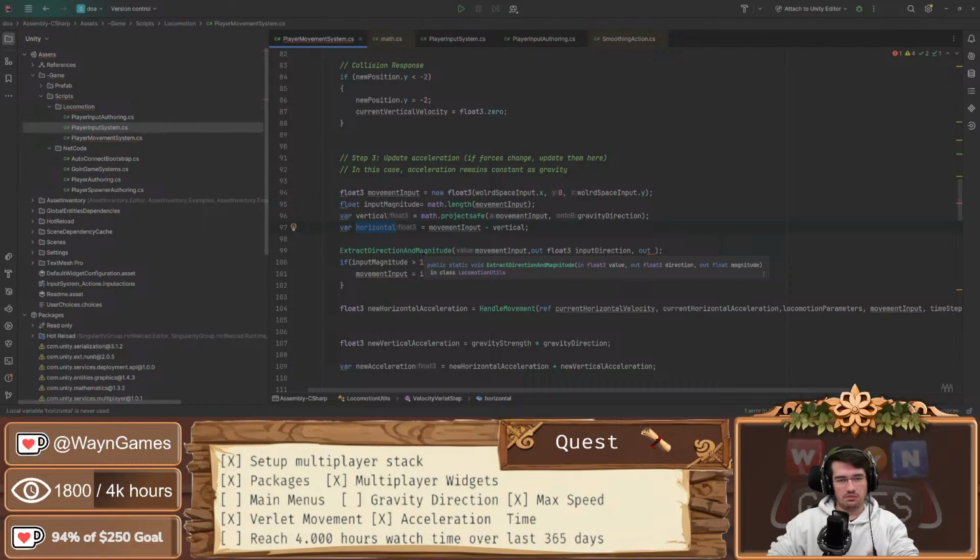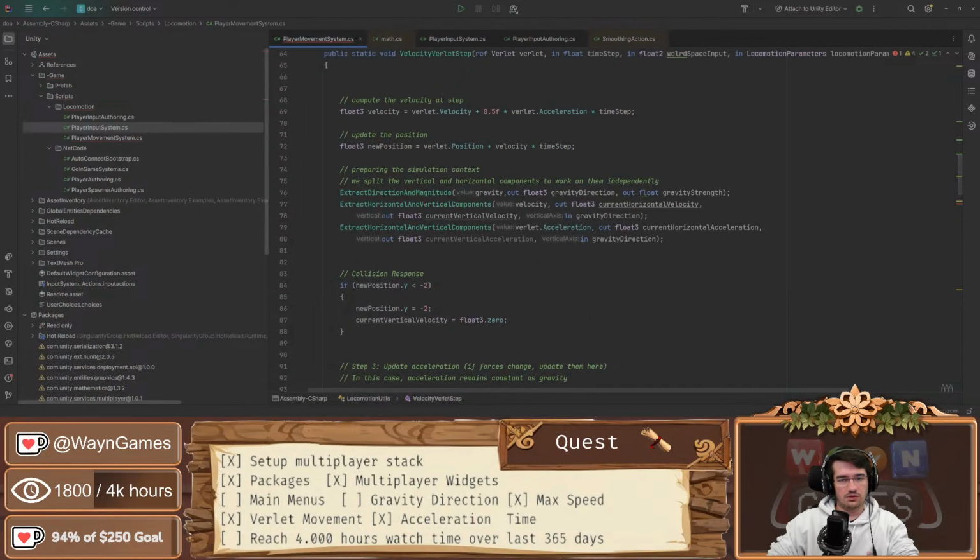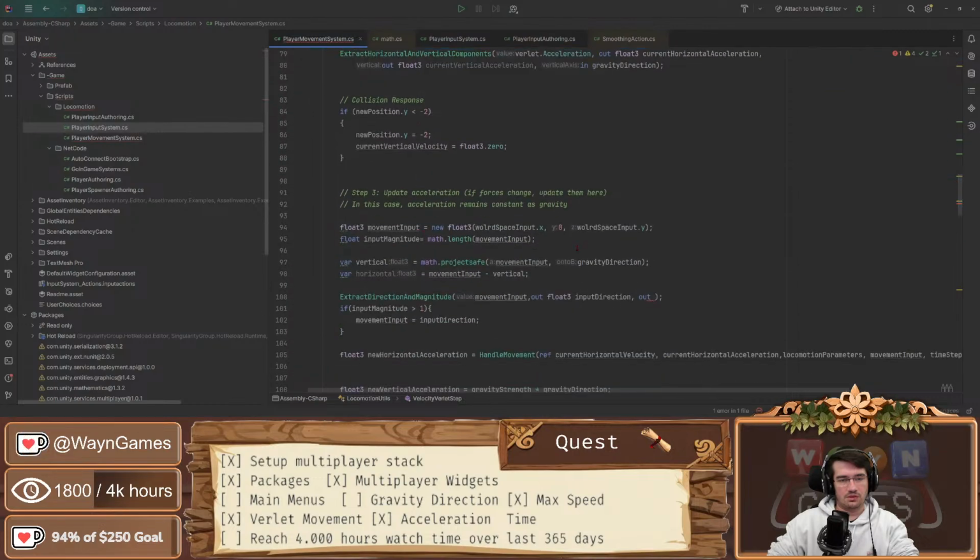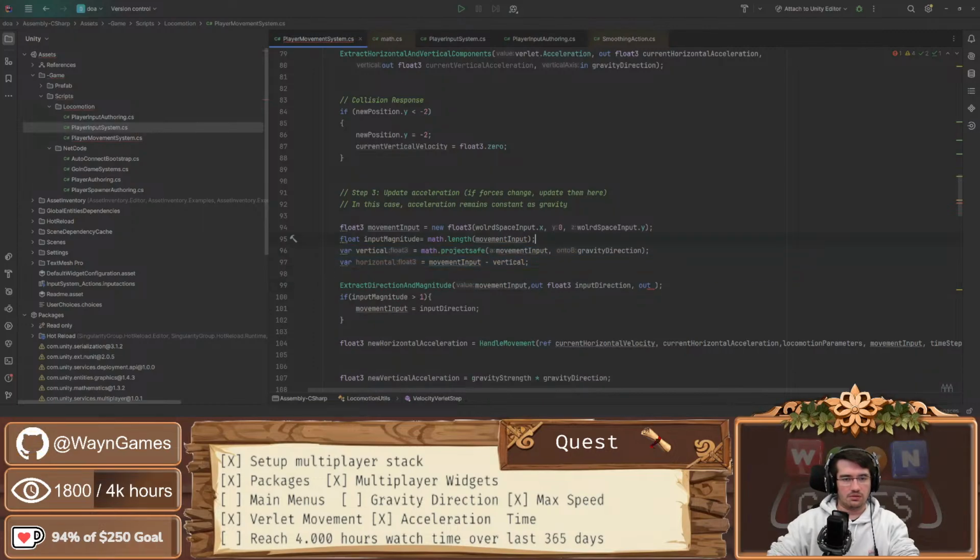That's gonna be my basically gravity aligned direction. So I can actually do this. I will discard the other one, so maybe I will make a method just for that, for the input itself. So that's my horizontal one.